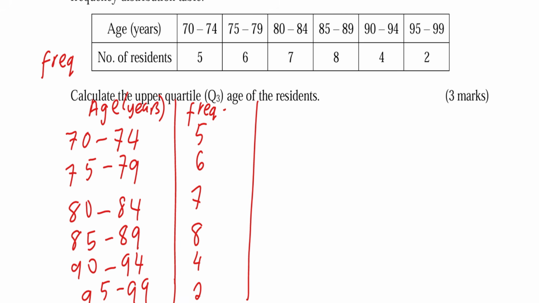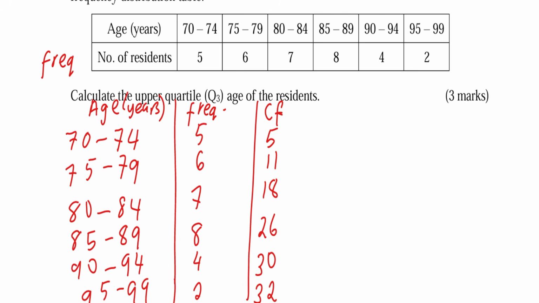And then we have something called cumulative frequency. So that's the basic thing that we should know. Cumulative frequency: 5 plus 6, 11, 11 plus 7, 18, 18 plus 8, 26, plus 4 gives us 30, and then 32. So yeah, it's very easy.